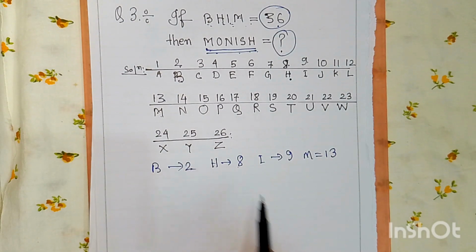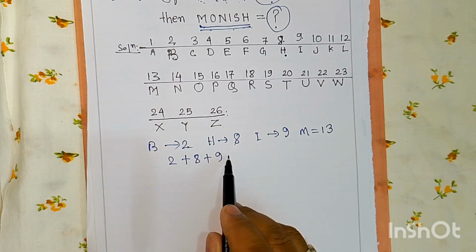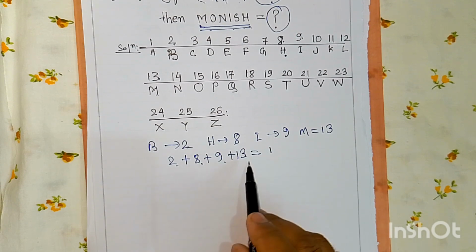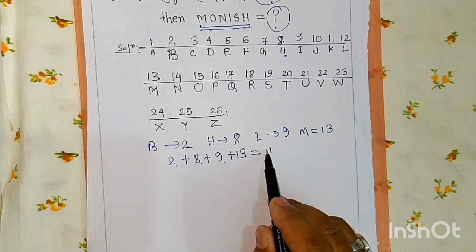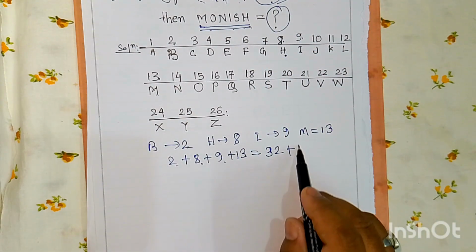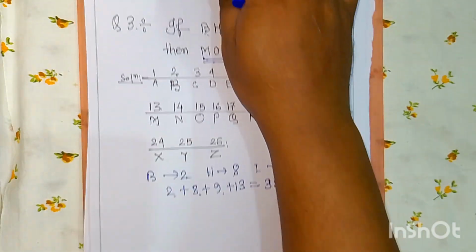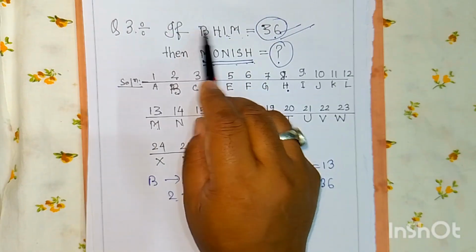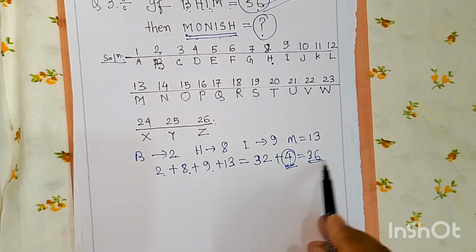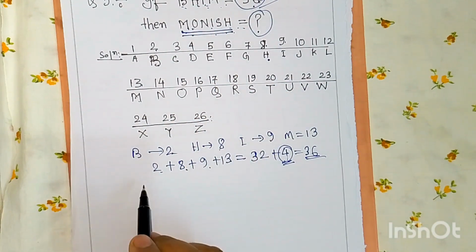Now if we add these numbers, 2 plus 8 plus 9 plus 13, we get 32. But the number is 36, so we add 4 to get 36. That means BHIM has 4 alphabets, so we add plus 4, which gives 36.